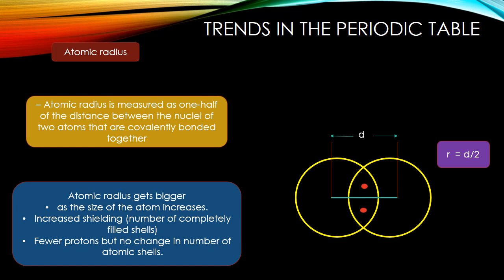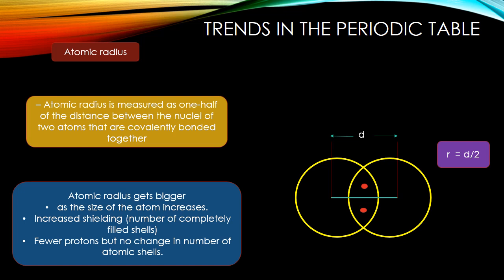Atomic radius also increases when you have fewer protons in the nucleus of an atom, but the number of shells do not change. So let's say we're looking at period 3 of the periodic table, where we're going from sodium to argon.